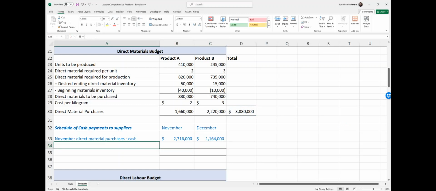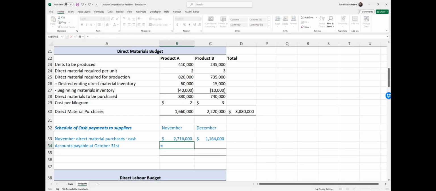Likewise, we know that direct materials were purchased in October, and at the end of October there was a payable that needed to be paid in November. So we'll get that information from the balance sheet.